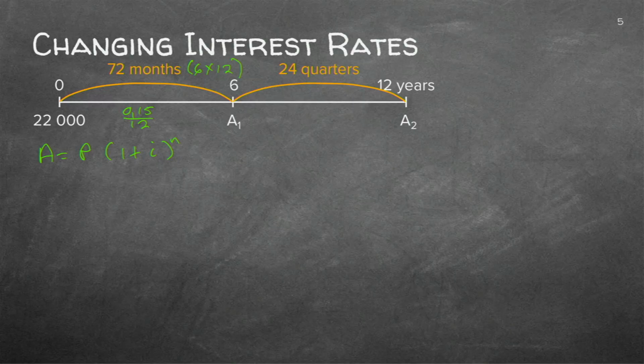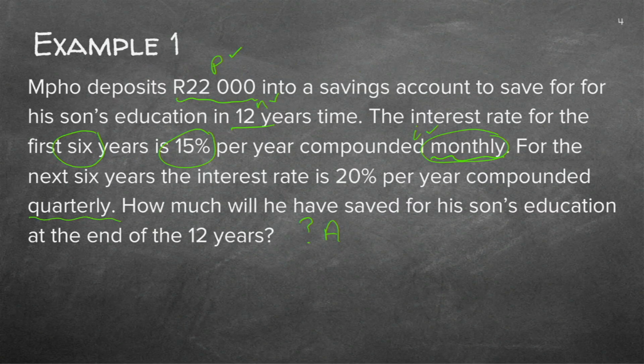So that is where I get my months from. It's 6 years, but because I'm now working with months, it's 6 times 12. That is for the first coach. The next one, let's go back. The next one was 20% compounded quarterly after 6 years.